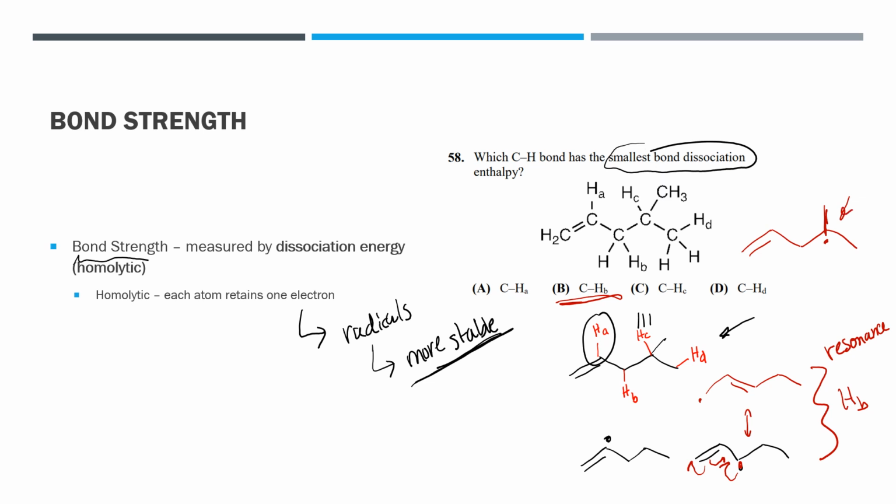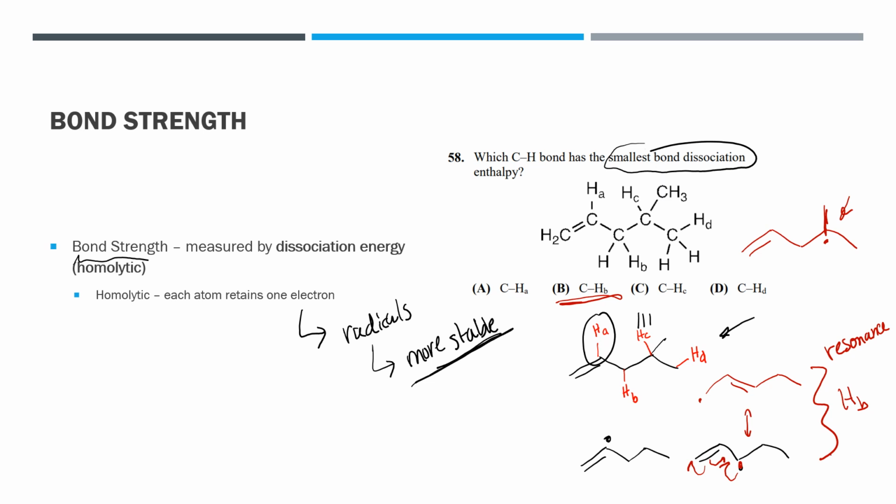And when I talked about hyperconjugation, we said tertiary radicals or tertiary carbocations are better than secondary ones, right? Because we have more sp3 orbitals that can donate electron density and make it more stable. But remember, resonance trumps hyperconjugation. Resonance is better, so HB still wins. And that's why I wanted to make it clear that I put resonance first on my list and then hyperconjugation.